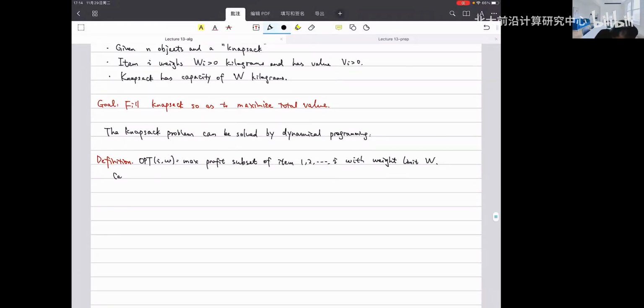So the first case that we consider is the case where the OPT does not select item i. For the case where the OPT does not select item i, we know that the OPT is going to select the best of items 1, 2, until i minus 1 using weight limit w.